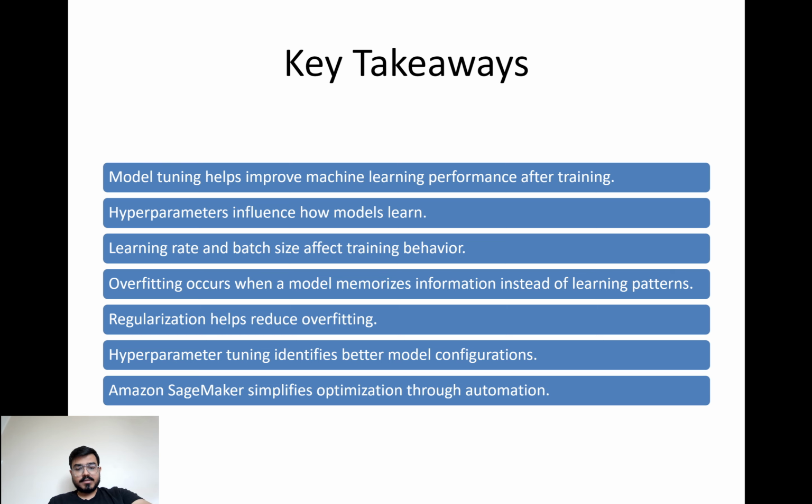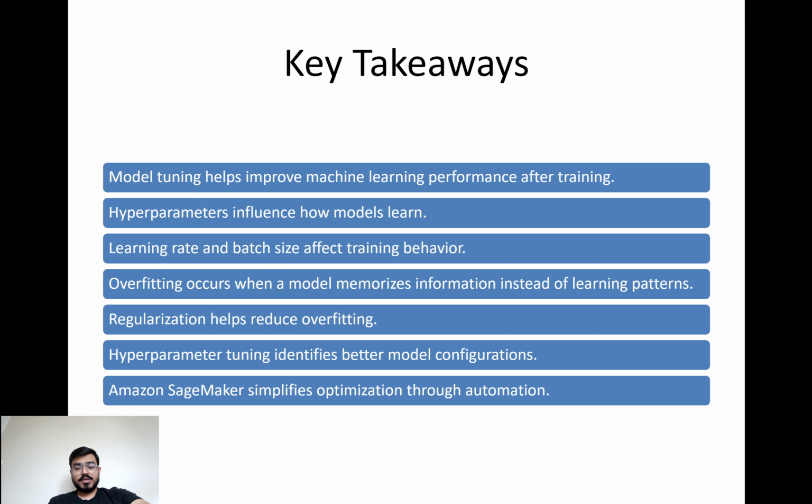Overfitting occurs when a model memorizes training information instead of learning useful patterns that can be applied to new situations. Next, we discussed hyperparameter tuning and learned how organizations test different configurations to identify the most effective settings. We also explored several tuning approaches, including grid search, random search, Bayesian optimization, and Hyperband.